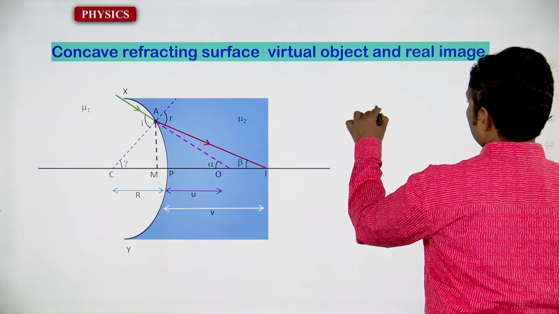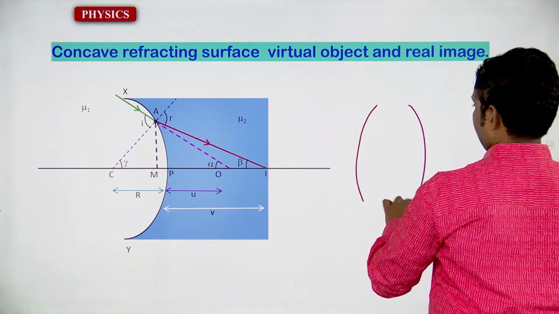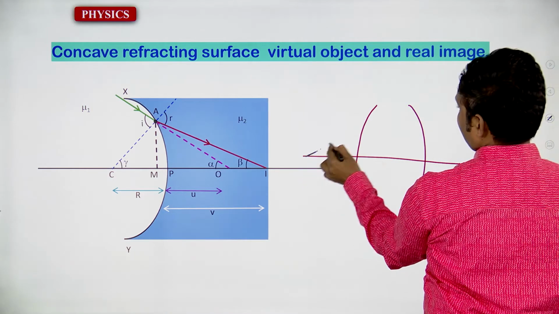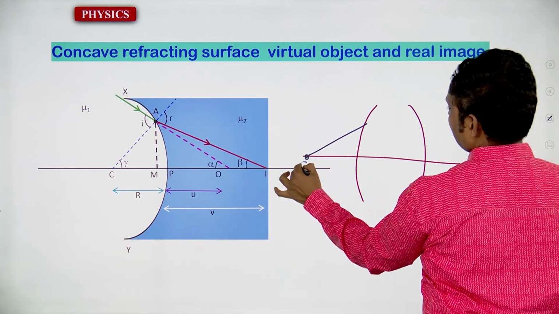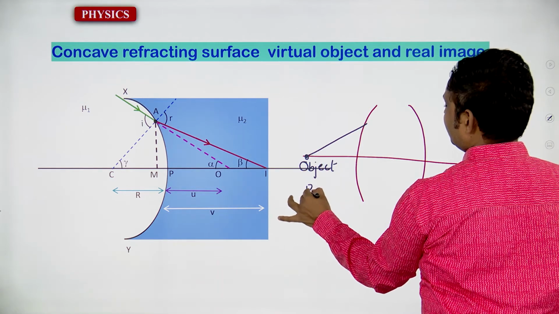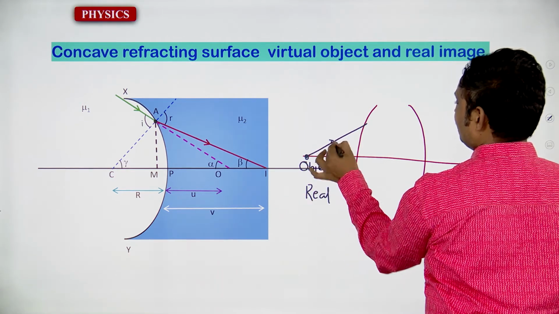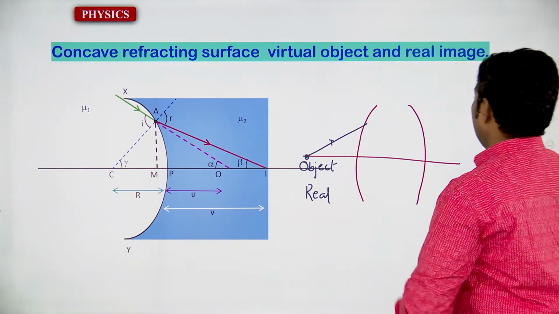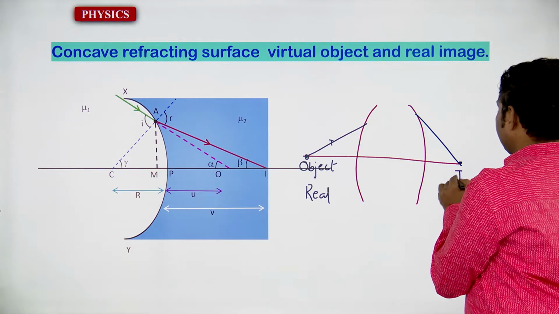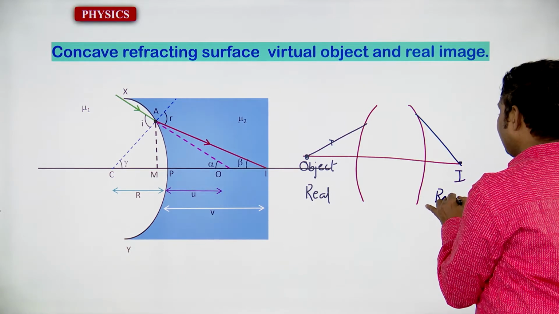While you are going to talk about this one, this is the principal axis, just you have to take that. If it starts from this point, this is going to be the object O, the real object, it's very clear, which is originated, all right. After the refraction it meets at this point, it is going to be I, the real image.